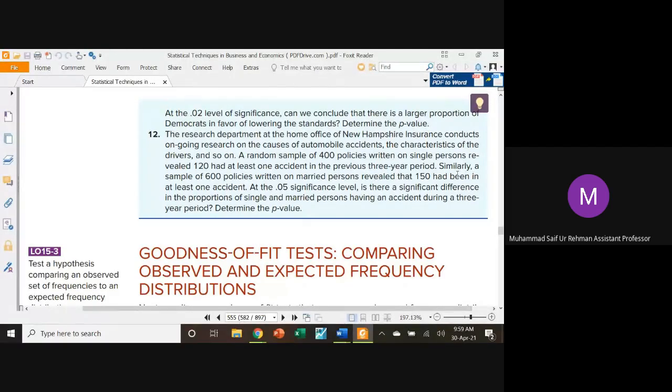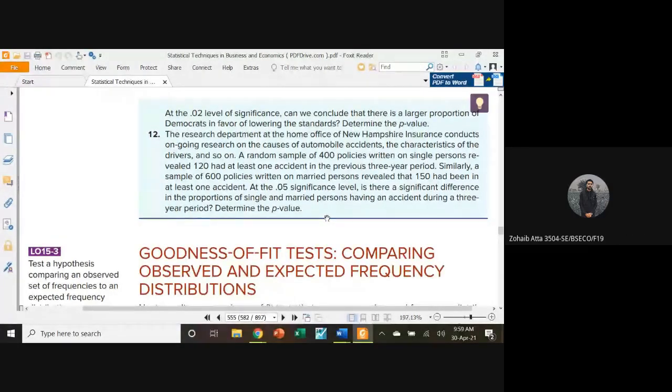Similarly, a sample of 600 policies written on married persons revealed that 150 had been in at least one accident. At 0.05 significance level, is there a significant difference in the proportions of single and married persons having an accident during a 3-year period? Determine the p-value. So I think it is very easy. You can solve it. Can you?